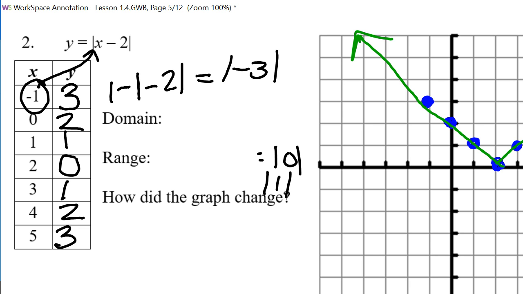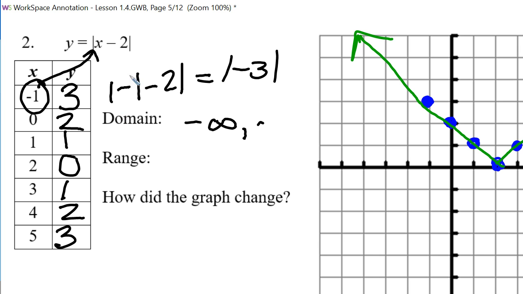That first question is asking us for the domain. What does domain mean? The x value. What do these arrows mean? It keeps going to -infinity and positive infinity. Can we touch -infinity or positive infinity?